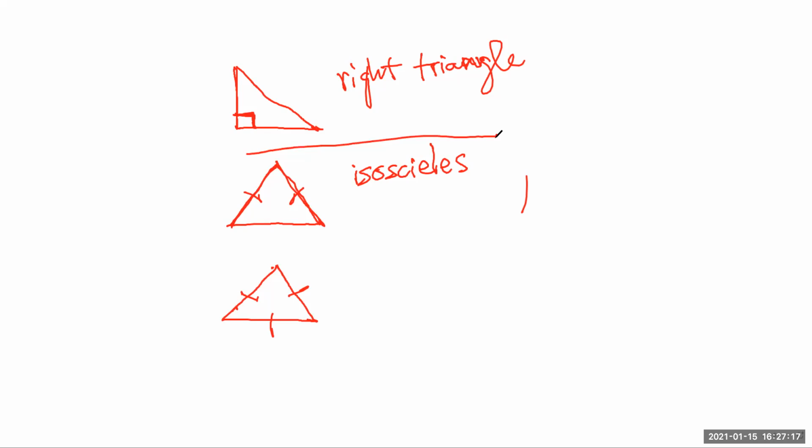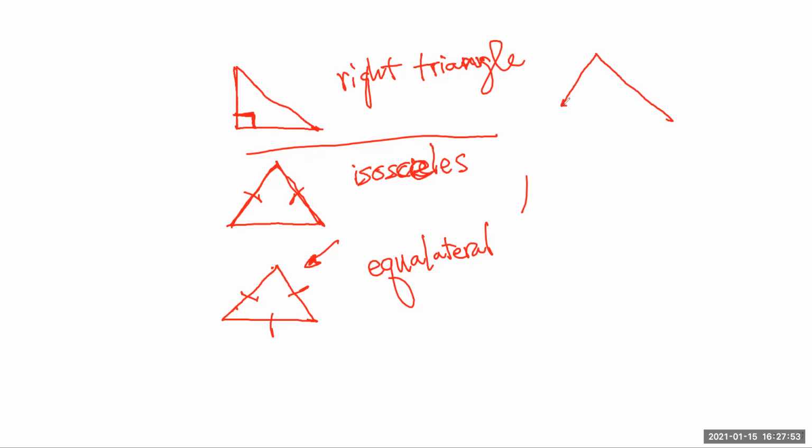Yep, I misspelled that. ISOSCELES. Yep. And do you guys remember what it's called? It's called an equilateral triangle. Right. Equal just means the same. Equilateral. Lateral means the side. Equilateral triangle.